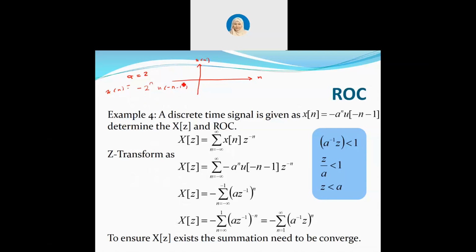So u[negative n minus 1] means n is from negative infinity to negative 1, because it is shifted to the left-hand side. So the amplitude is in the negative part, and it looks like this.